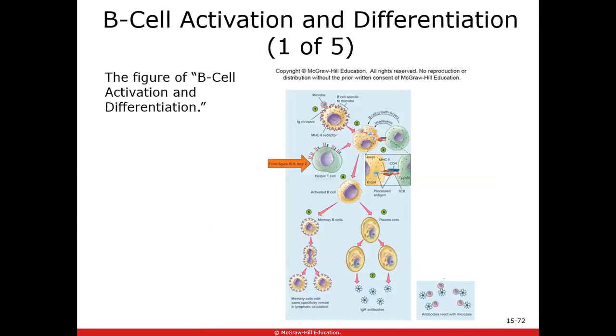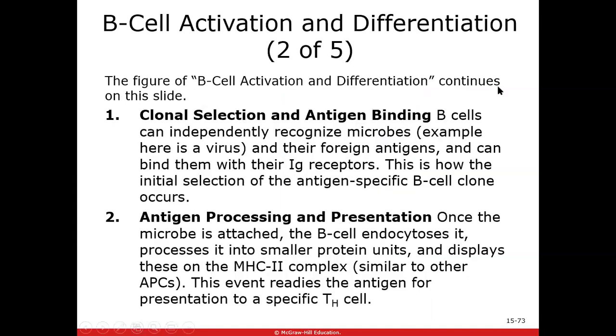So it's just saying that this B cell can come in contact with this antigen on its own. That's basically all that was saying. And then it can get activated by the T cell.